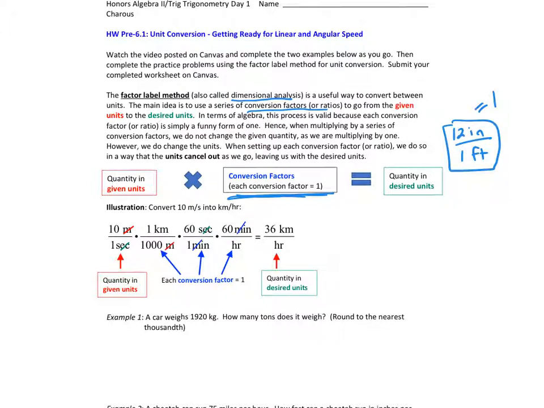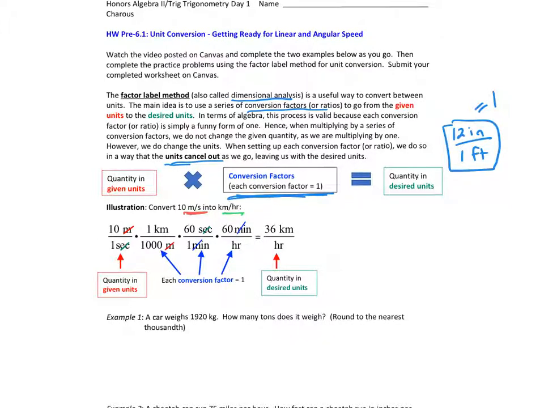When setting up the conversion factors or these ratios, we do so in a way that we can have the units cancel out. So if you look at the illustration, we're going to convert 10 meters per second into kilometers per hour. So the given units are meters per second and the desired units are kilometers per hour.